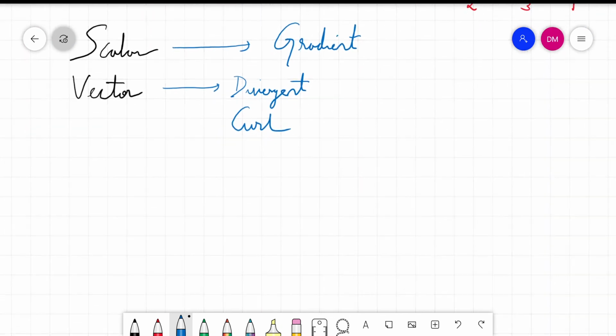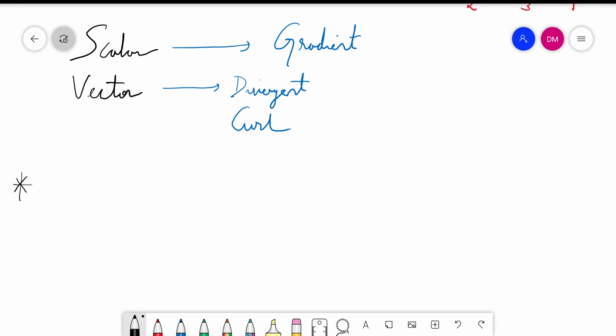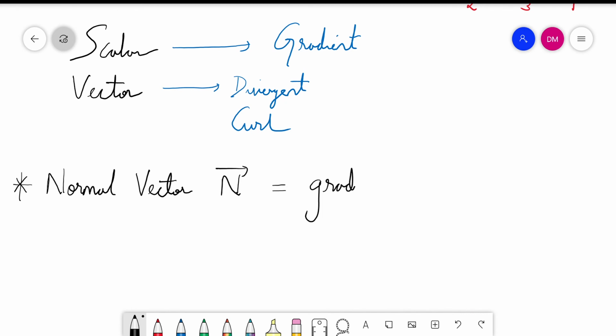So how can you find a normal vector? Suppose this is the n vector. So this is equal to the gradient of f.